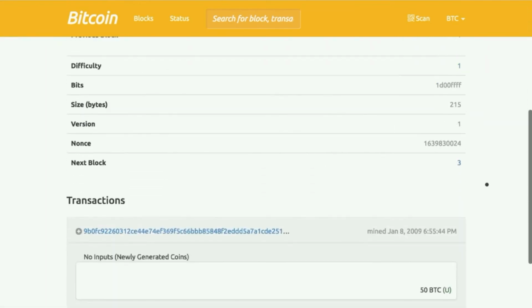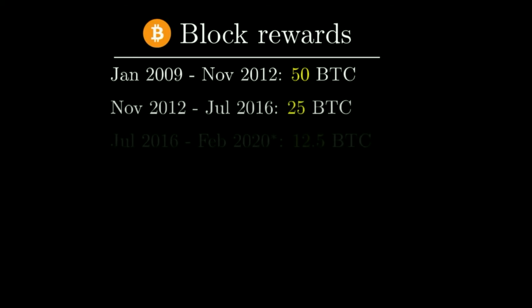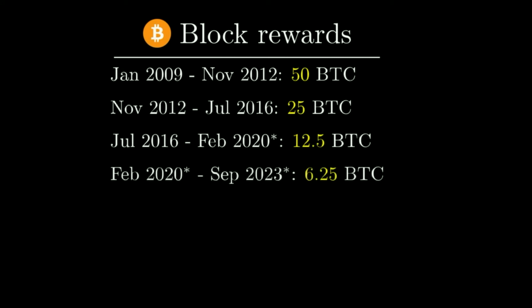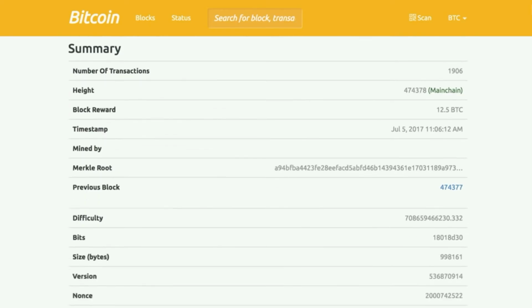But every 210,000 blocks, which is about every 4 years, that reward gets cut in half. So right now, the reward is 12.5 Bitcoin per block. And because this reward decreases geometrically over time, it means there will never be more than 21 million Bitcoin in existence. However, this doesn't mean that miners will stop earning money.